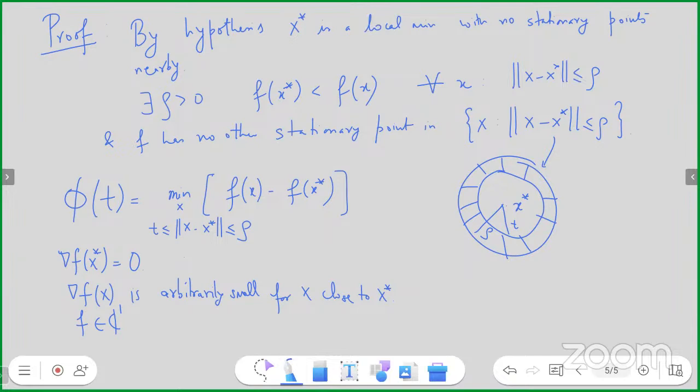So let me write it here so that at least the picture will be clear. I want to show, given an epsilon belonging to the open interval 0 to rho, choose r less than epsilon such that what happens?